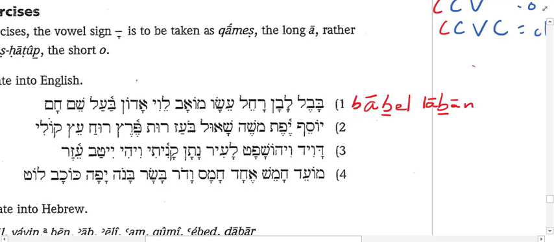Bavel, lavan. Next I have a resh, which is an R in English, and then the kametz symbol, which is an A that's long. So I need the A symbol plus the line over the A for making it long, tone long. Now I have a chet. Remember, that's not a hey, it's a chet, and it's an H with a dot under it to represent the guttural sound. Rach.